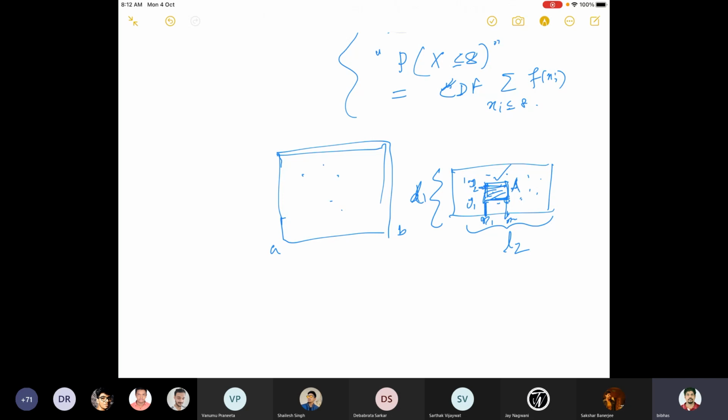Let's say this region is A, and this is the entire region, the sample space S. You can define the probability of picking A as how much area A contains divided by the entire area, mod S. So this is the probability, and that's it. This kind of problem could be there.